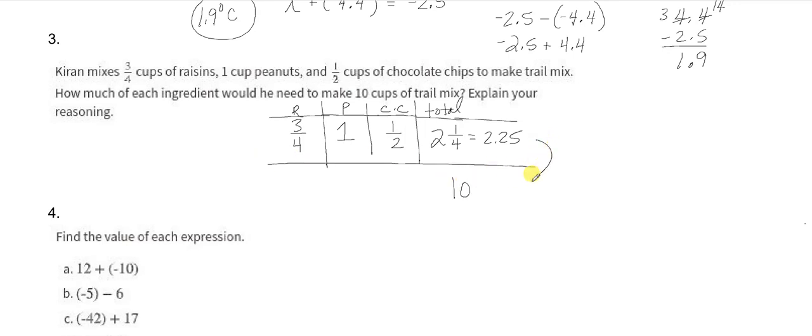So we got to think, what can I do to this to get there? So we need to divide 2 1/4 into 10. Or, think of it as 225 into 1,000, right? So 225 will go into 1,000. It looks like 4 times.